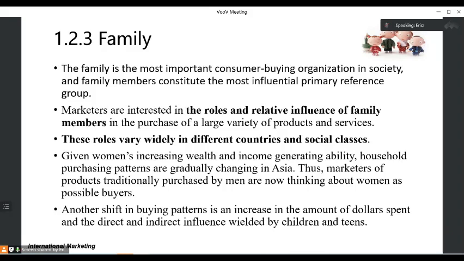We find that women get more and more status in society. They get educated, they get jobs, and they can play an important role in society. So we find that in the family, the purchase role is changing.